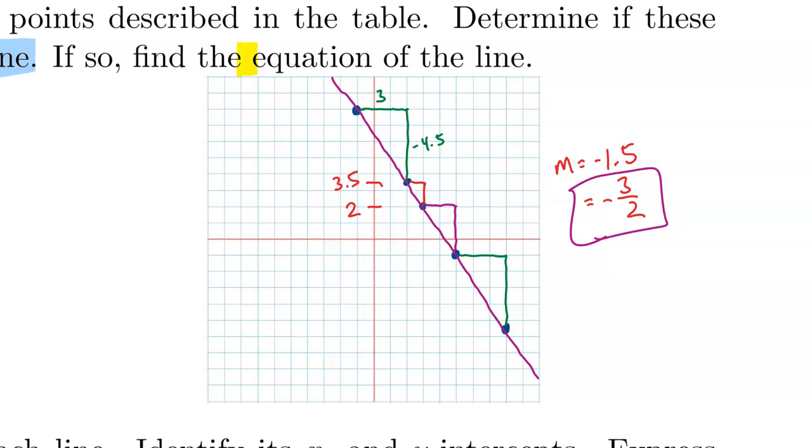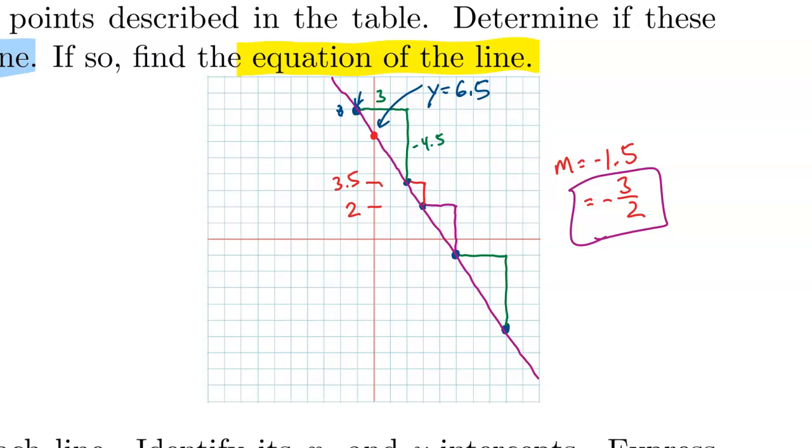To find an equation for this line that's in slope-intercept form, I need to identify the y-intercept. So with this graph, I can kind of do it visually. Going from -1 here to the y-axis takes me from 8 down 1.5, so this must have a y value of 6.5.